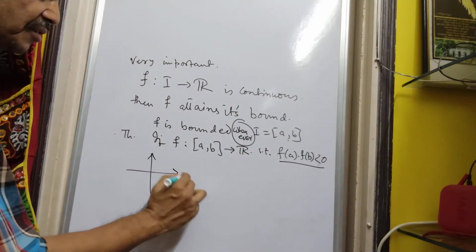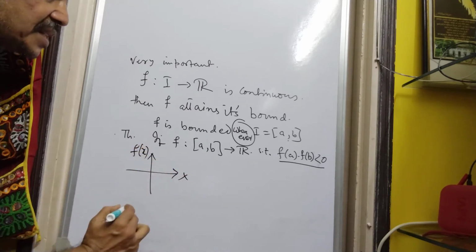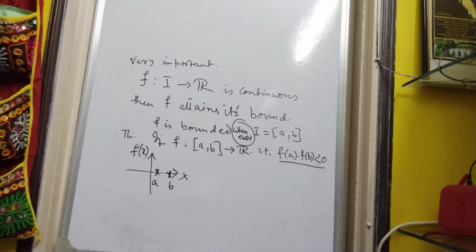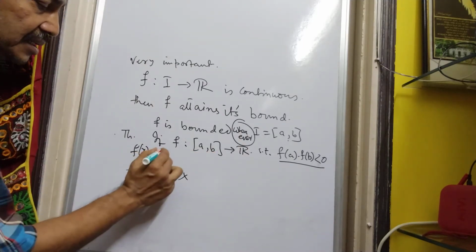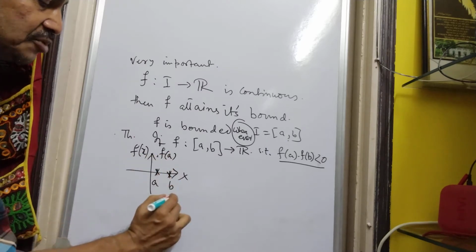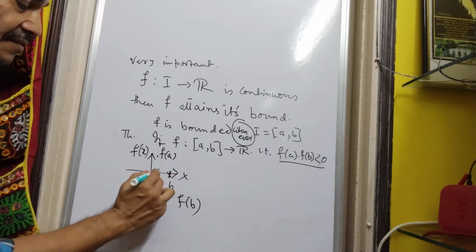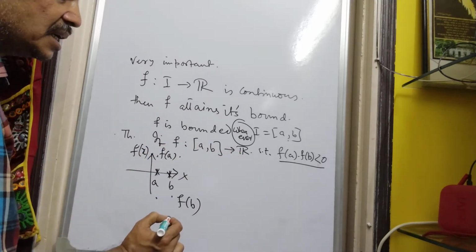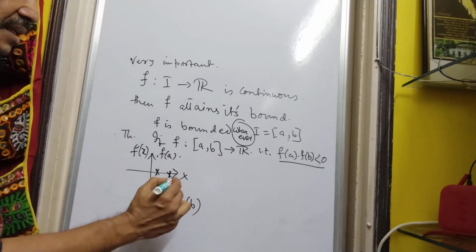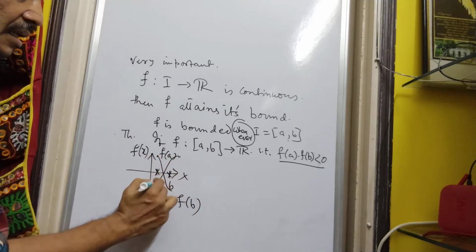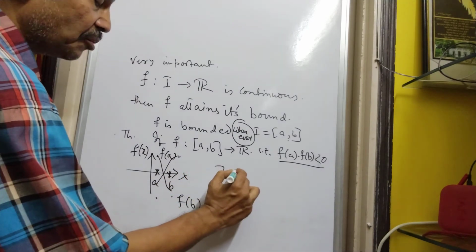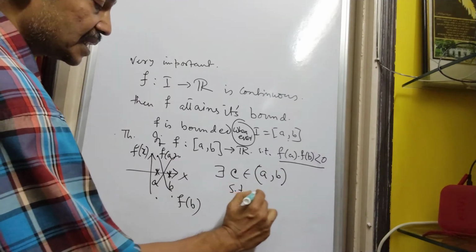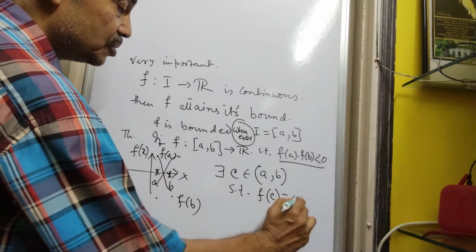Okay, if we can draw a figure, this is x and this is fx, and we have a here and we have b here. Obviously b is greater than a, so if fa is positive, then fb will be negative, and vice versa. And since f is continuous, then there must be a point c within a b such that fc is equal to 0.